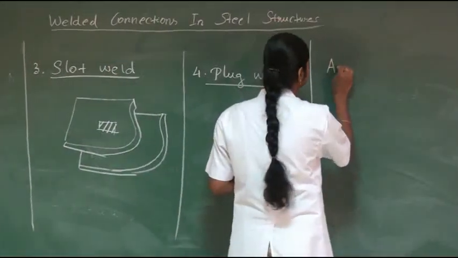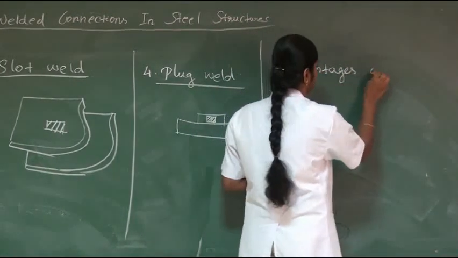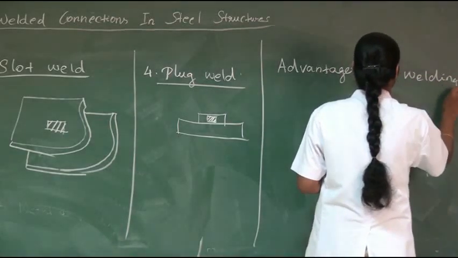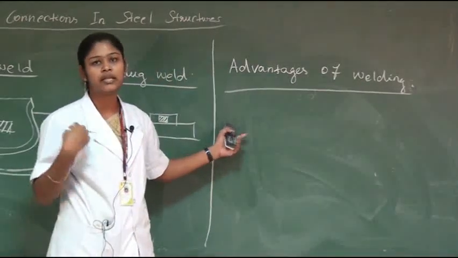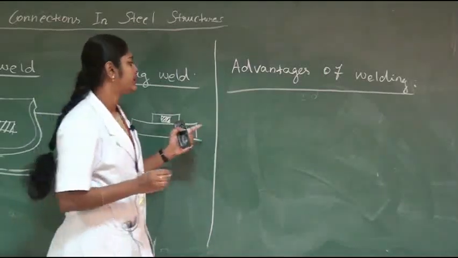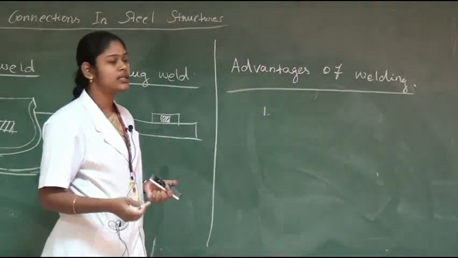First one, the advantages of welding. In each of the welding sections, we had seen the three methods of welded connection. Each one has its own advantages and disadvantages.